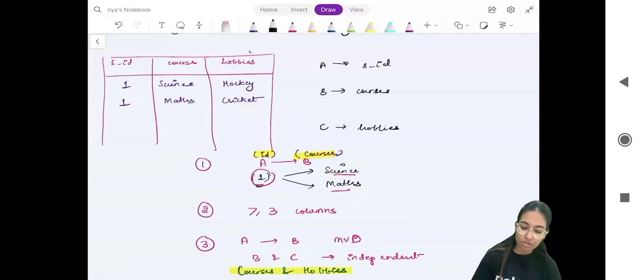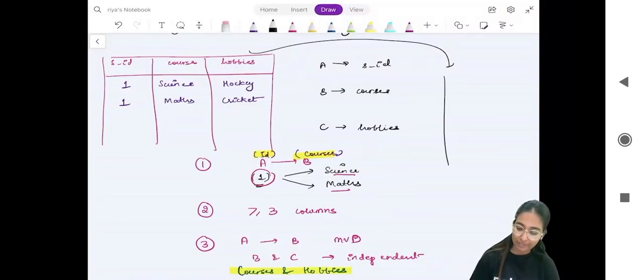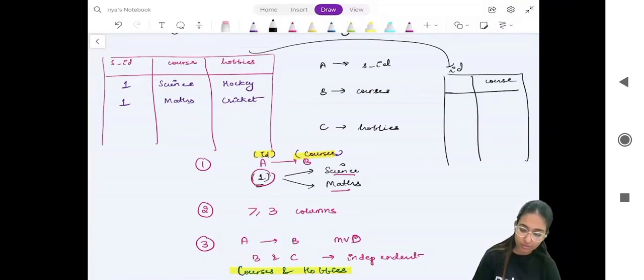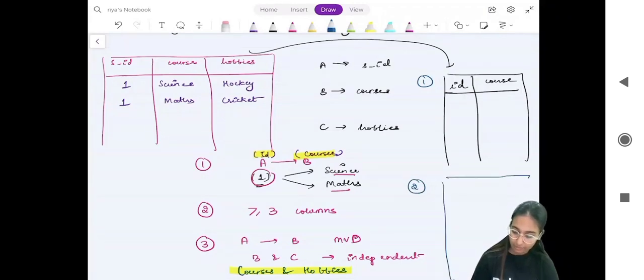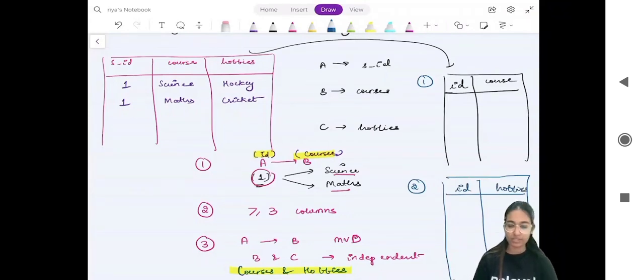And how did we now solve this problem? We basically divided ID, course into a table, and then ID and hobbies into a table.